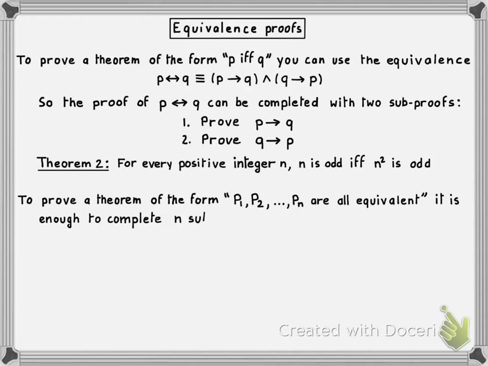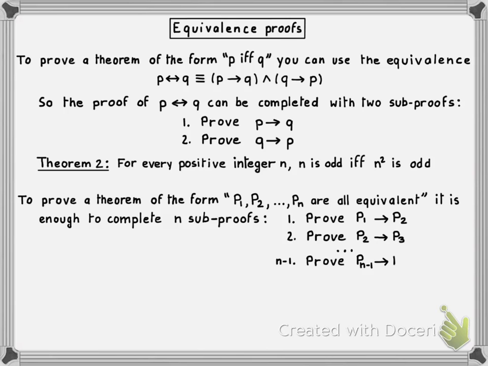Instead of proving 2 times n minus 1 conditionals, it's actually enough to prove n conditionals. And here they are. The first conditional you should prove is that P1 implies P2. Then you prove P2 implies P3. Then P3 implies P4, ... until you reach Pn minus 1 implies Pn. Notice you've just proved n minus 1 propositions.